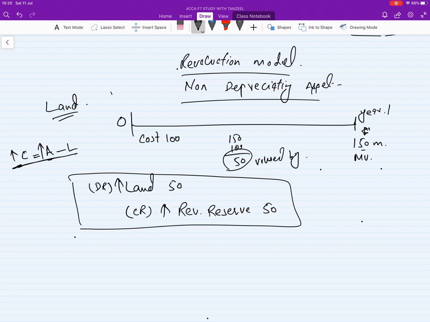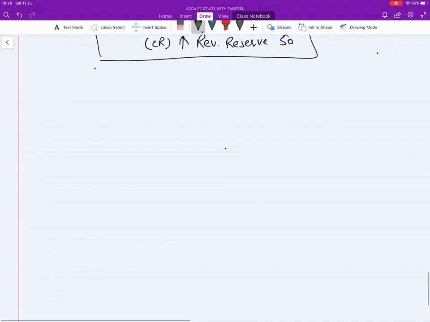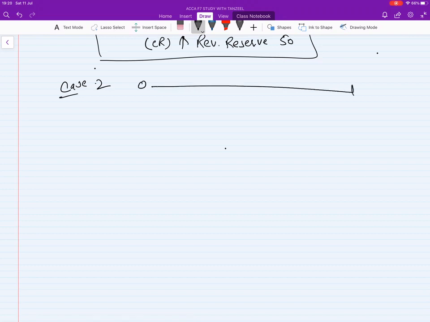Let's do case 2. On day 1 you have a land. You bought a land for 100 million.